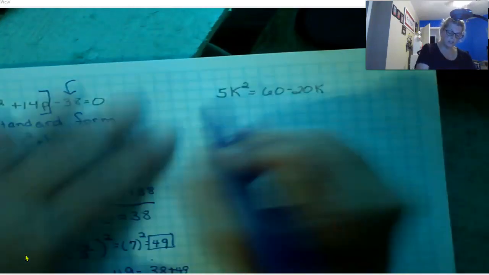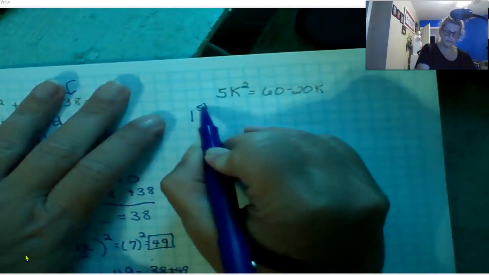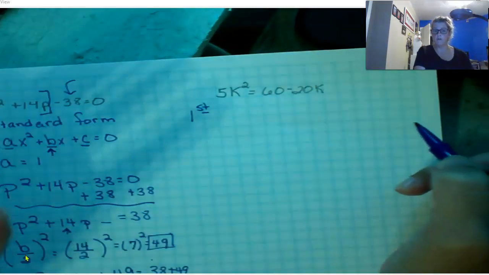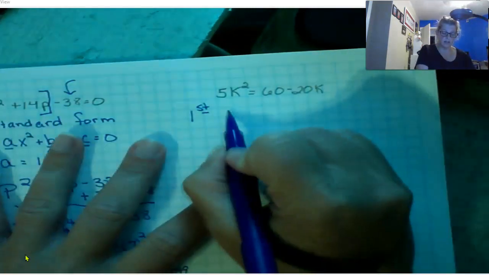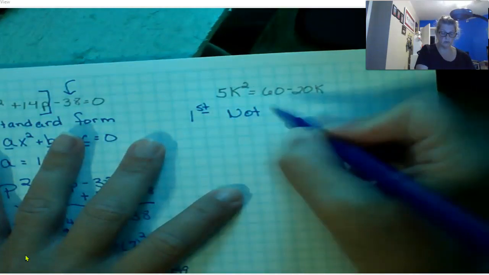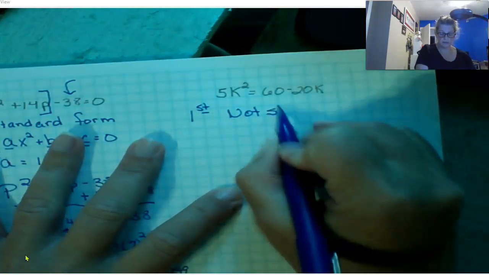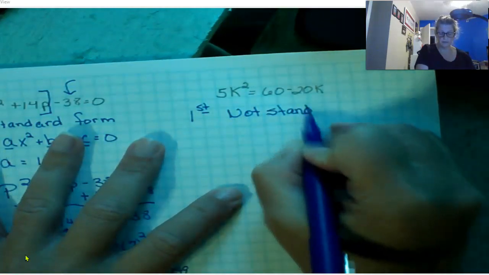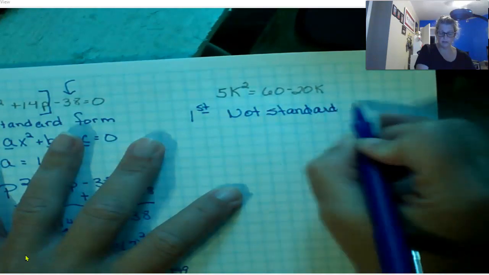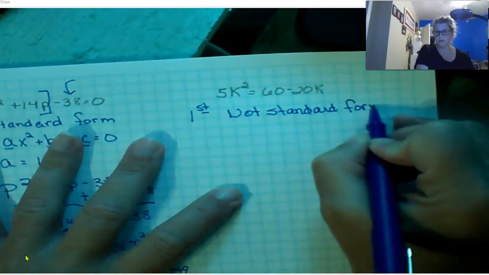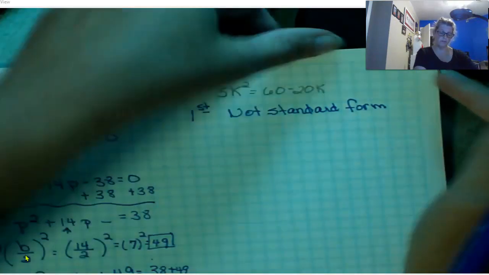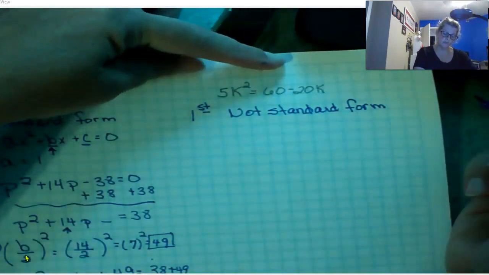So first thing, what do we notice here? What is our form or our format? Okay, it's not standard form. I don't know why I feel the need to write that. You heard me, but we'll go with it. It's not standard form. So we're going to put it in standard form.